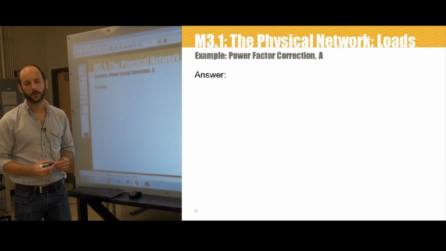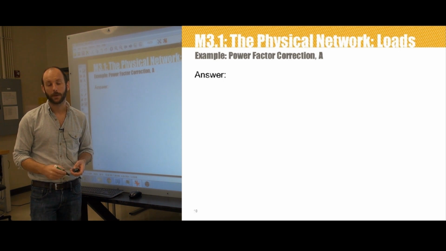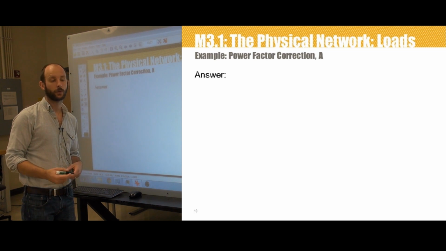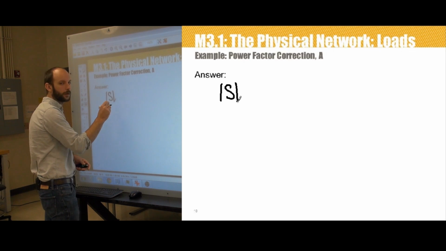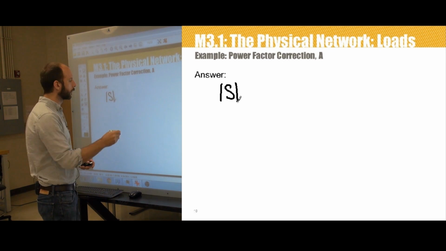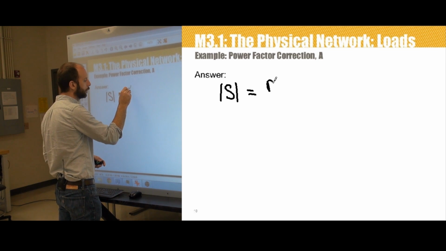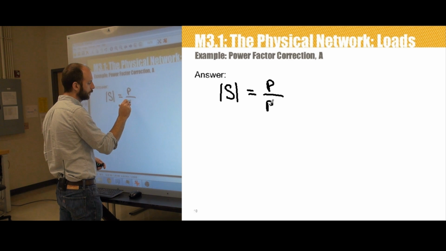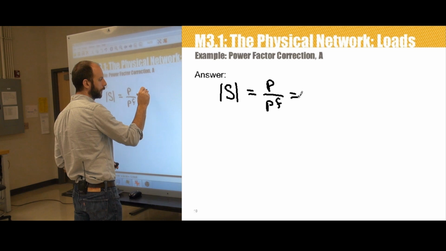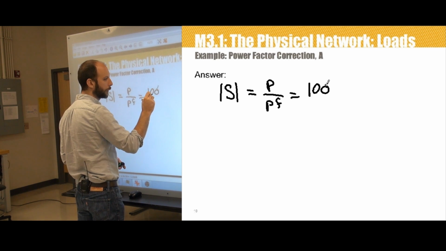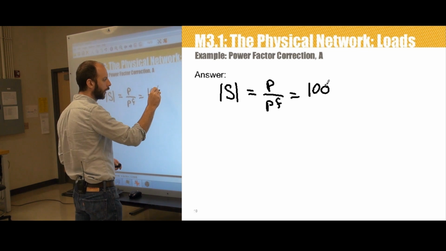So the first thing that we want to do is determine the apparent power in the original load before power factor correction. We're going to look at this as the ratio of P to power factor. So this is 100 kilowatts. That was the real power consumption spec of the load, 100 kilowatt load.